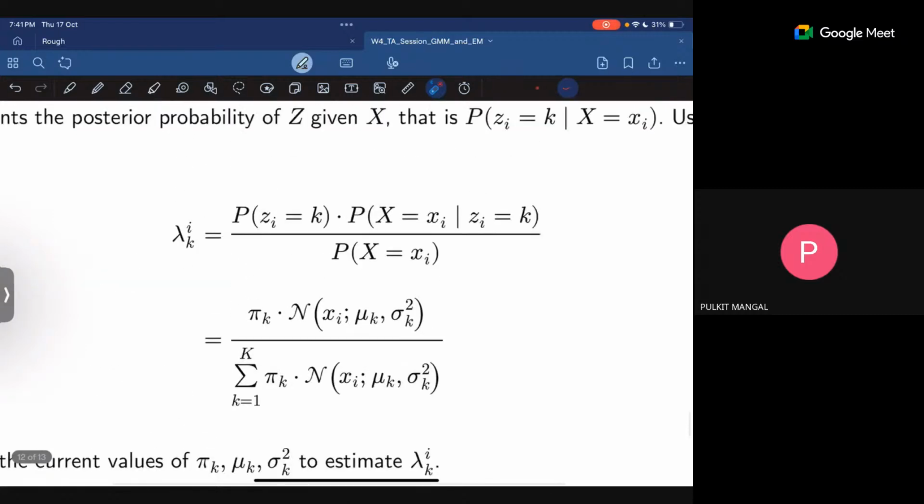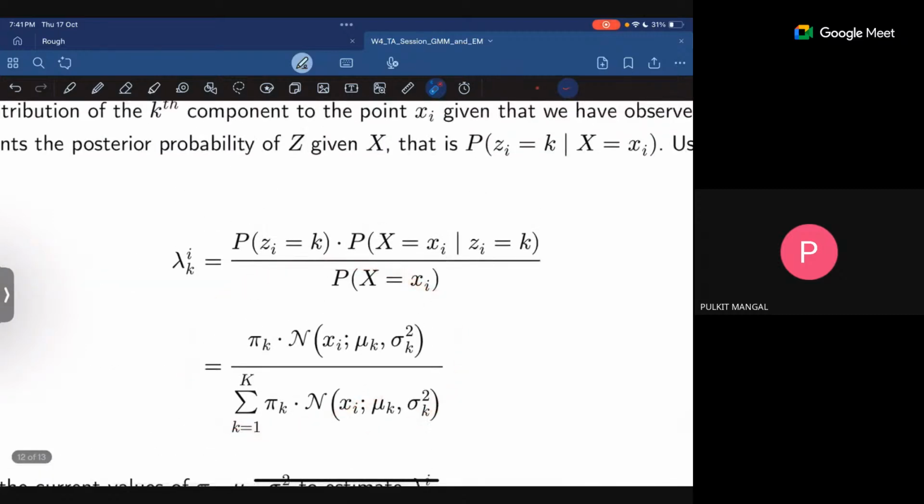This formula for lambda ik, how you calculate those probabilities. At least try to remember those and what the notation means. Even if you are able to understand that much, that is also good. In the first go, maybe you will not be able to understand everything, but slowly you will.